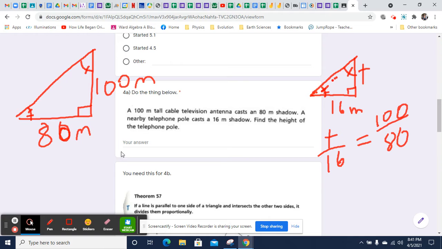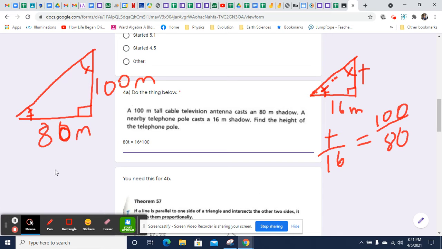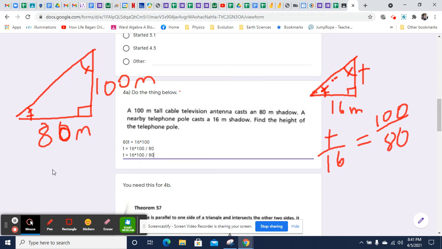So here we go. That means that 80T is going to equal 16 times 100. So T is going to equal 16 times 100 all over 80. Okay, and then we can start simplifying that as needed.